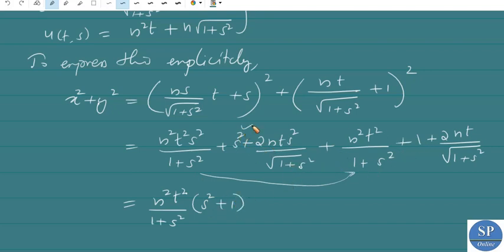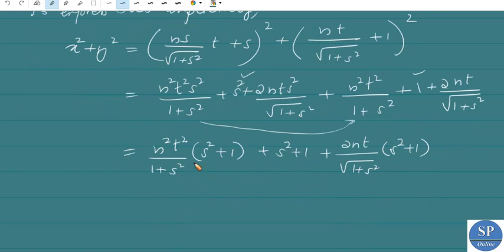So this is s square plus 1, which is equal to s square plus 1, plus, from this term and the last term, 2nt divided by square root of 1 plus s square can be taken outside, plus s square plus 1. So this is nothing but, dividing by 1 plus s square, we get n square t square plus s square plus 1, plus from this we get 2nt into square root of 1 plus s square.